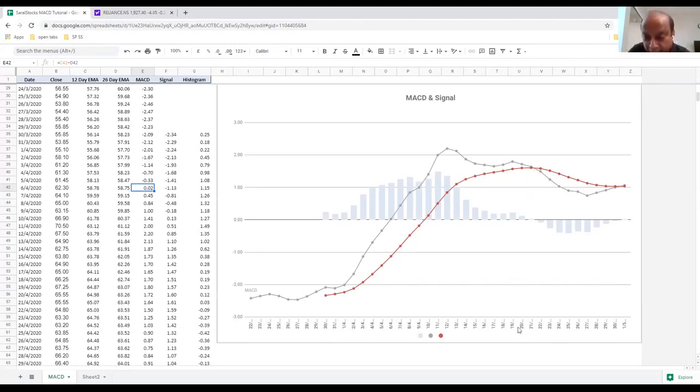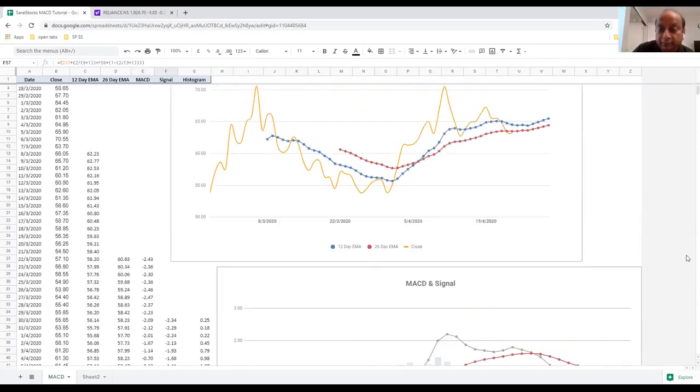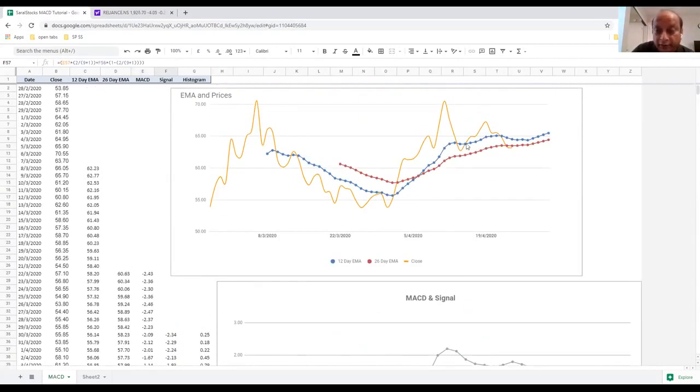So this would be around 21.4. So 21.4 is somewhere here, this line, and this is the value here. So 21.4 again is right here.